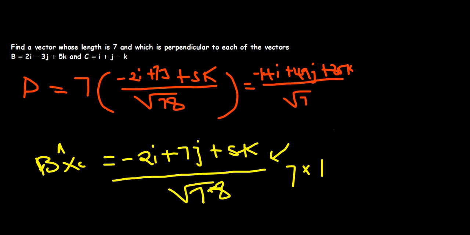So this here is the vector that will be perpendicular to both vector c and vector b, and it also has a magnitude of 7. Okay, so that's it for this question.